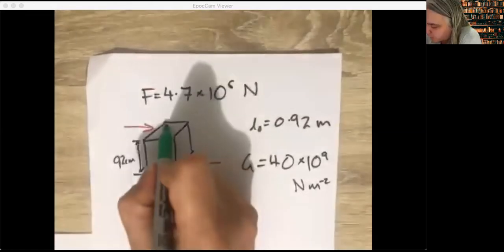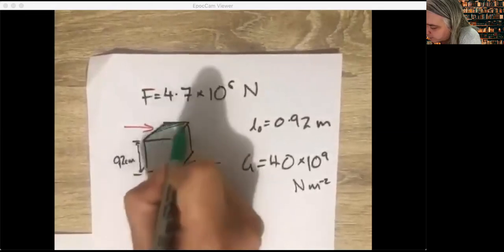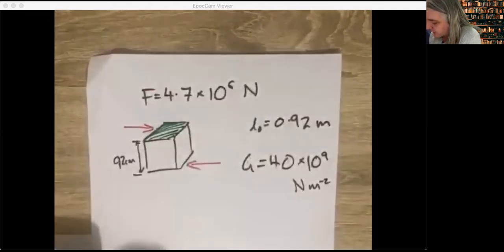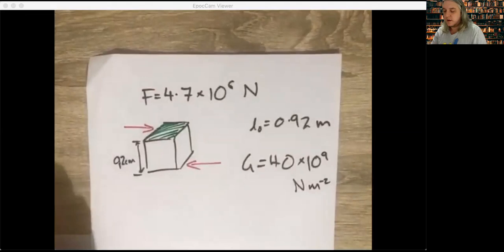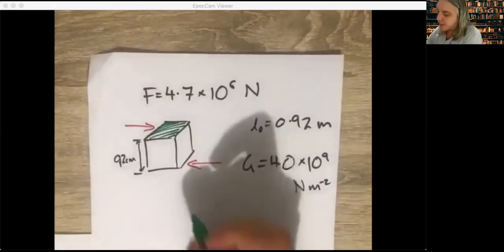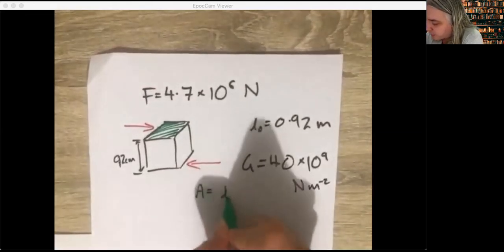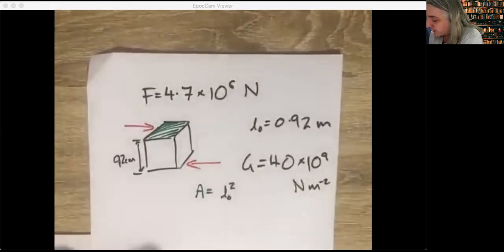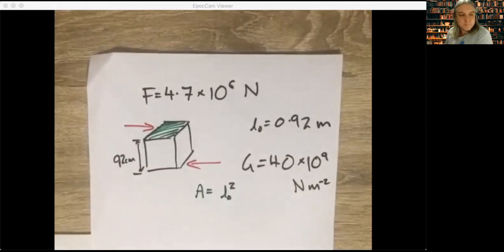So remember that what we're looking for is the area that is parallel in line with those forces. So it's that one I've just shaded in green. And of course, that is just going to be L naught squared because we have a cube. So it's nice and simple to calculate that. L naught squared will give us the area.